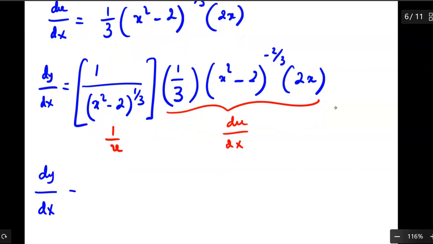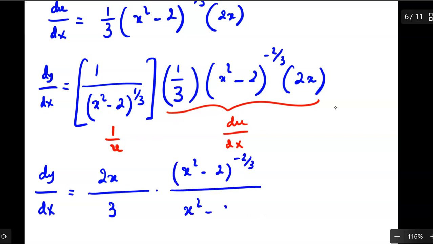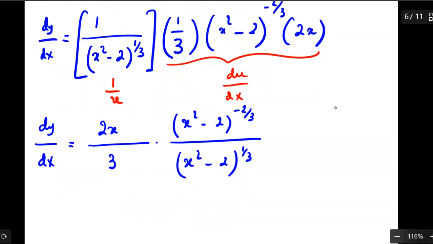Simplify your answer. You see that the 2x here, I leave that, and the 3, I leave that, but here is what you need to simplify: negative 2/3, and down here you have x squared minus 2 to the 1/3. You realize that these are the same base. When you divide two powers with the same base, you subtract the two exponents.